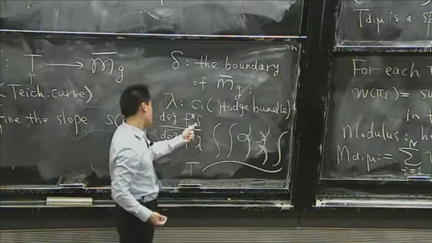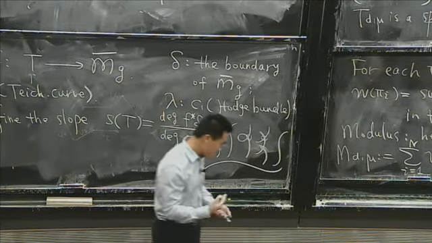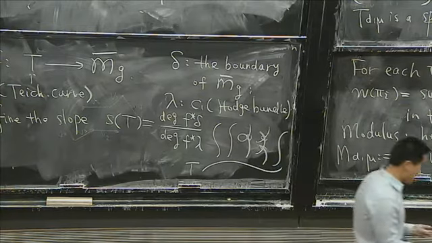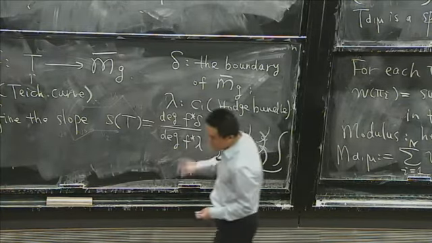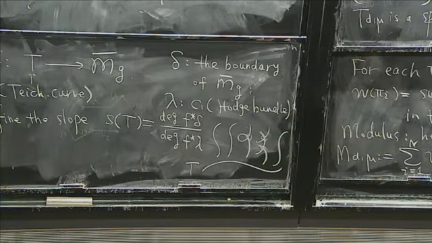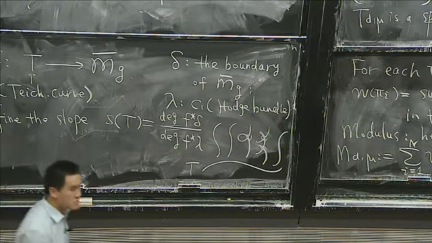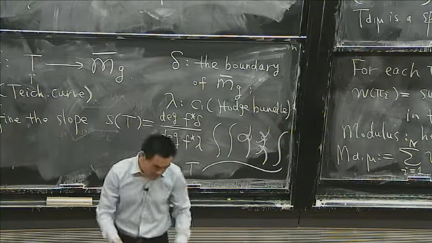So that's the definition of delta. For the denominator, lambda basically tells you how the moduli structure varies in this family. And if you take the quotient, this number indicates how the moduli vary with respect to the number of singularities in this family. So it's definitely the most important index you can associate to a complete one-dimensional family of genus g curves.